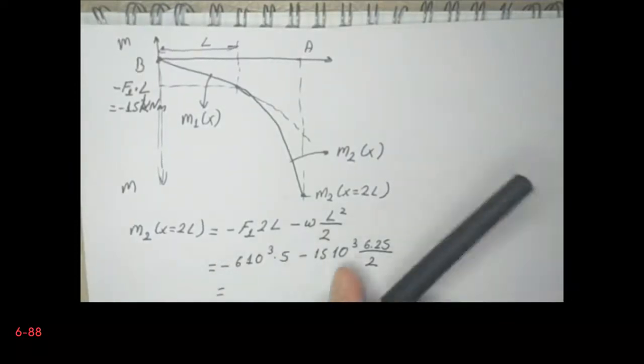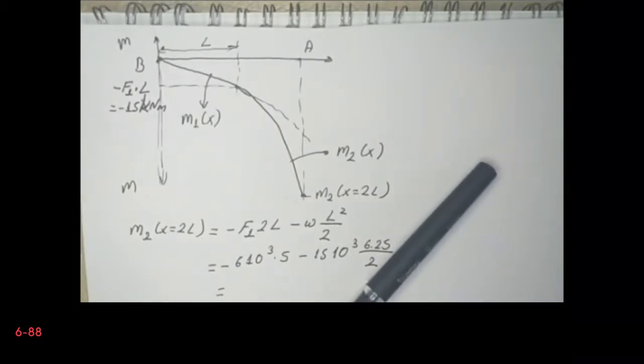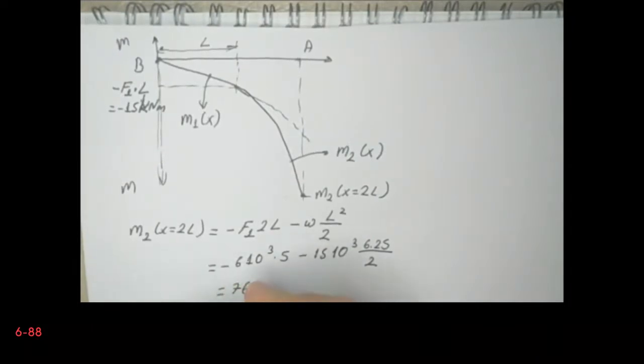So let me calculate the value. And from here, the value that we have is, let's have some precision, okay, it is 76,875 Newton meters, and it's minus.